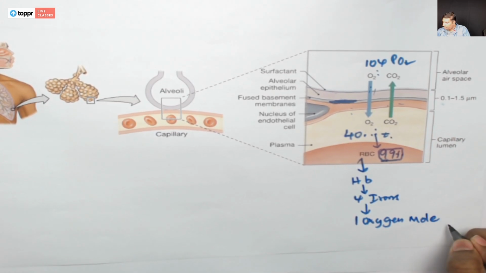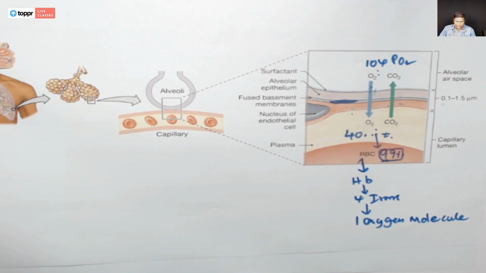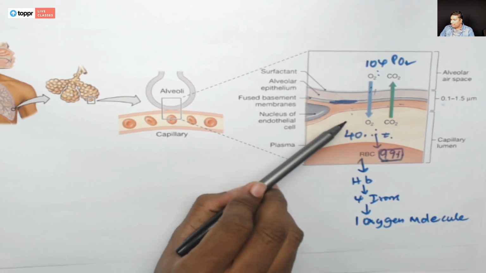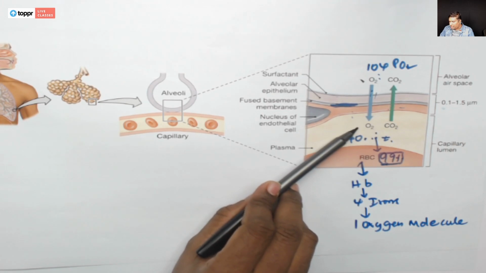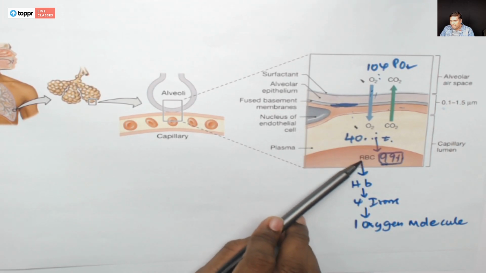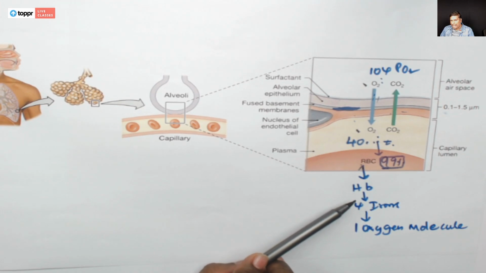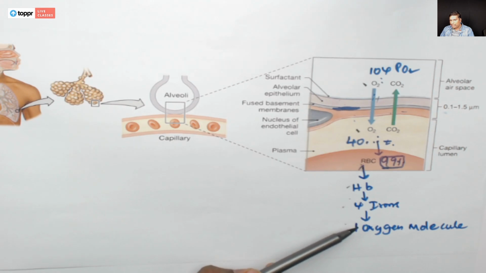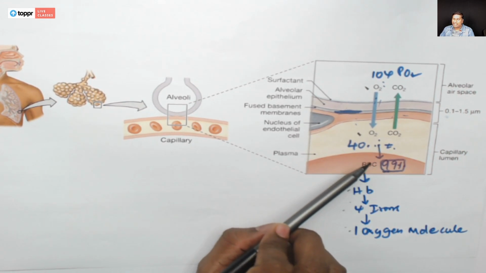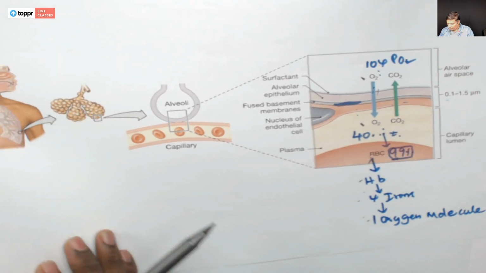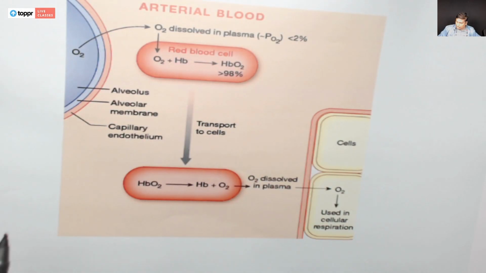So the oxygen coming from the alveoli enters the plasma, diffuses from the plasma into the RBC, and in the RBC it binds to the iron atoms of the hemoglobin molecule. Thus a hemoglobin can bind a total of 4 oxygen molecules, and many such hemoglobins are present in a single RBC.